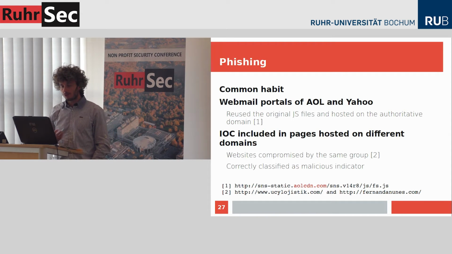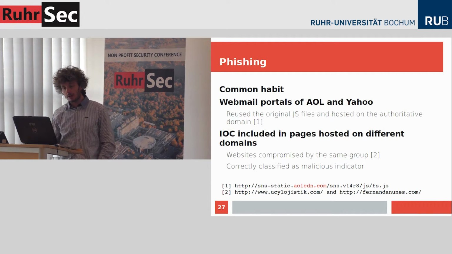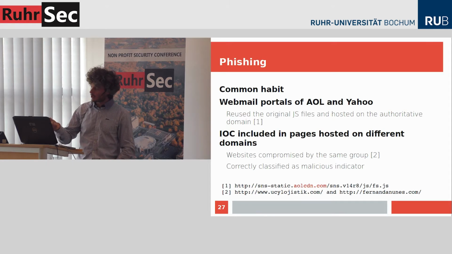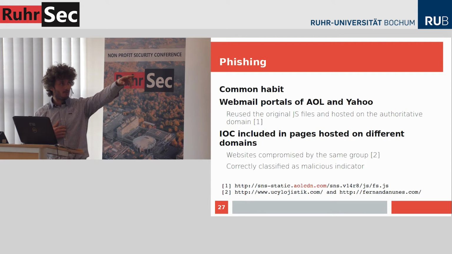We found a lot of phishing kits for webmail portals of American Online and Yahoo. In this case, they were using the original JavaScript files for rendering the page. And when I say the original, it means the file and also the location URL. So the domain of this JavaScript file was actually the official authoritative domain of American Online, as you can see there in red on the first line.